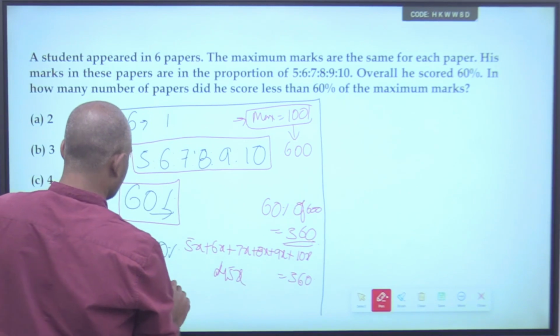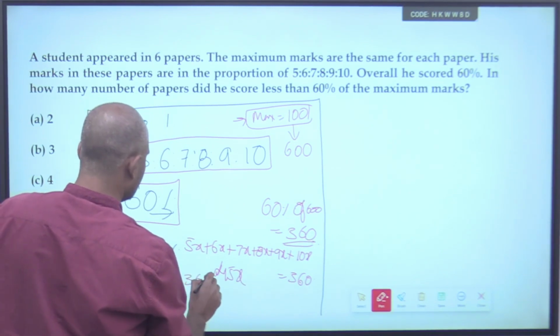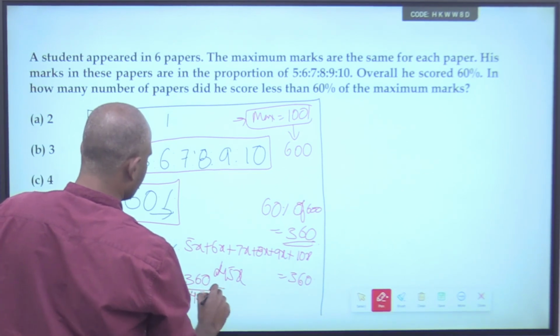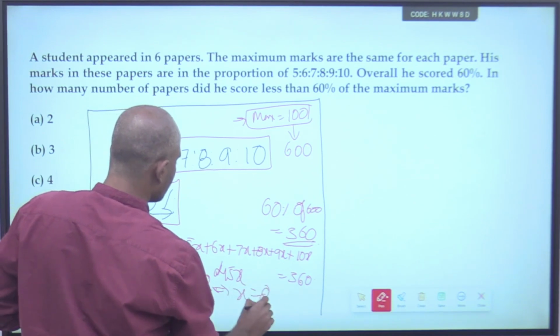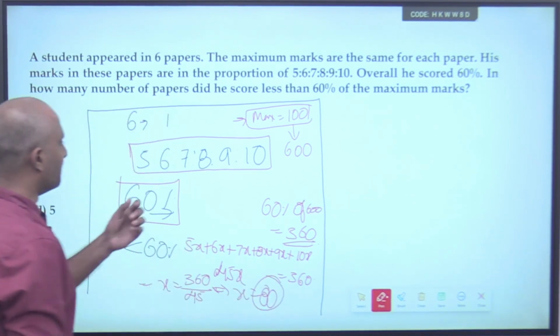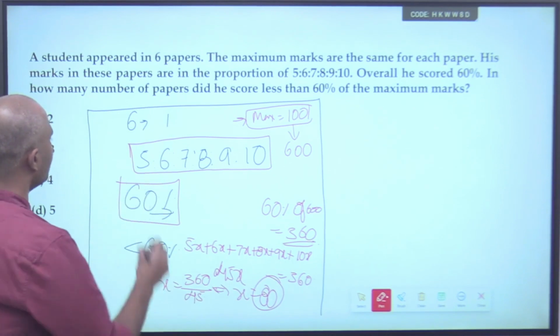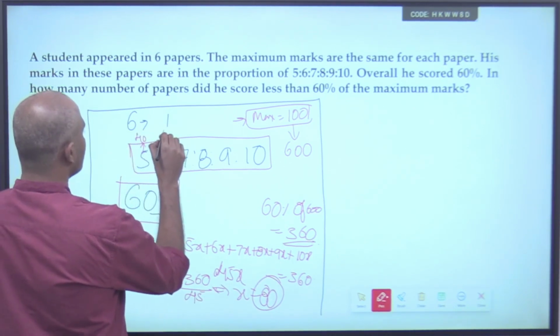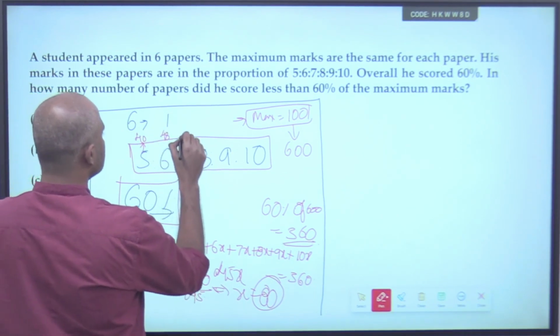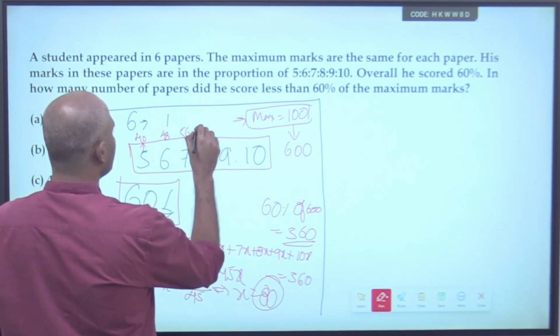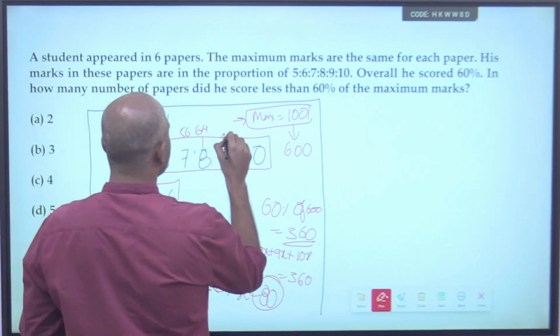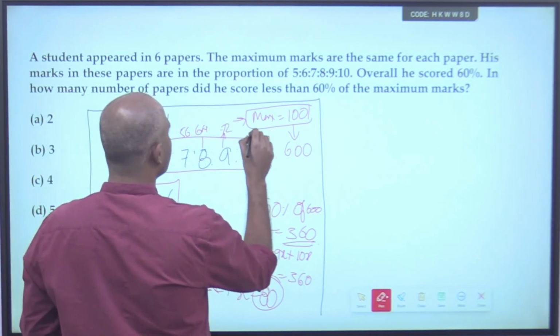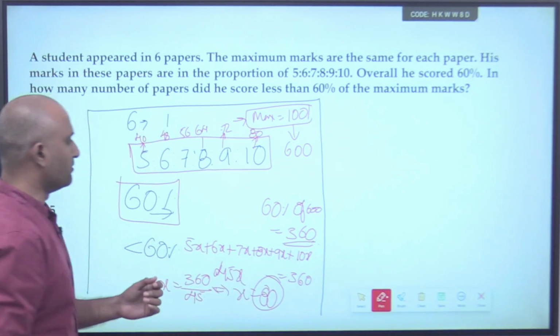So, x is equal to 360 by 45. That means x is equal to 8. So, the marks he obtained are 5 into 8, 40, 6 into 8, 48, 7 into 8, 56, 8 into 8, 64, 9 into 8, 72, and 10 into 8, 80.